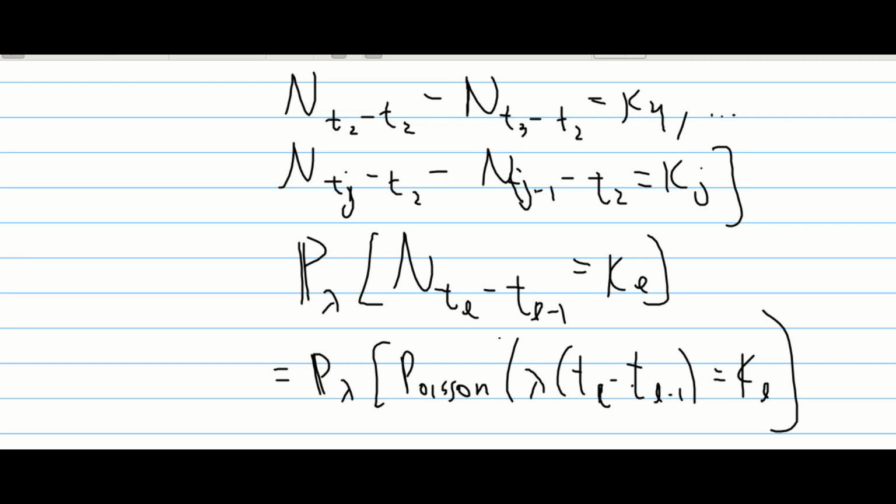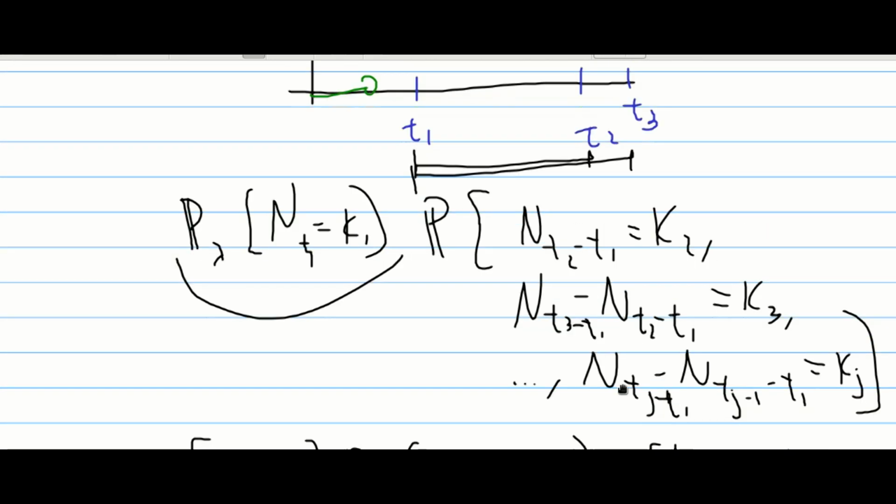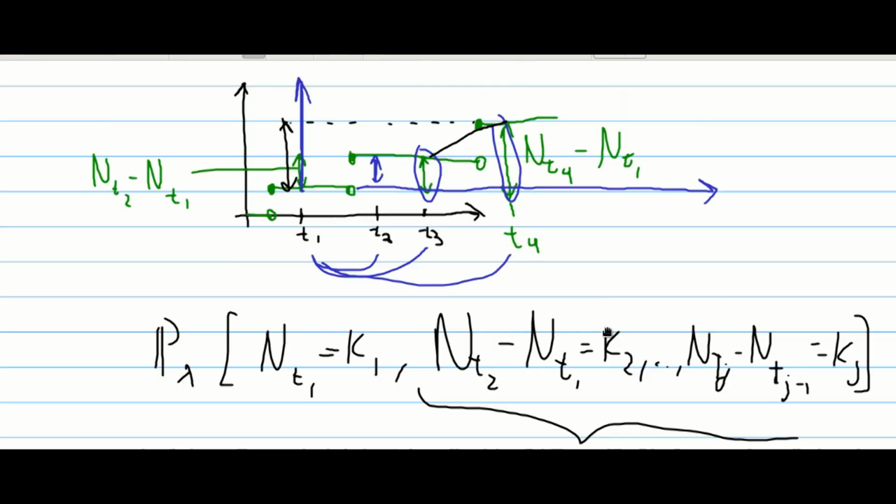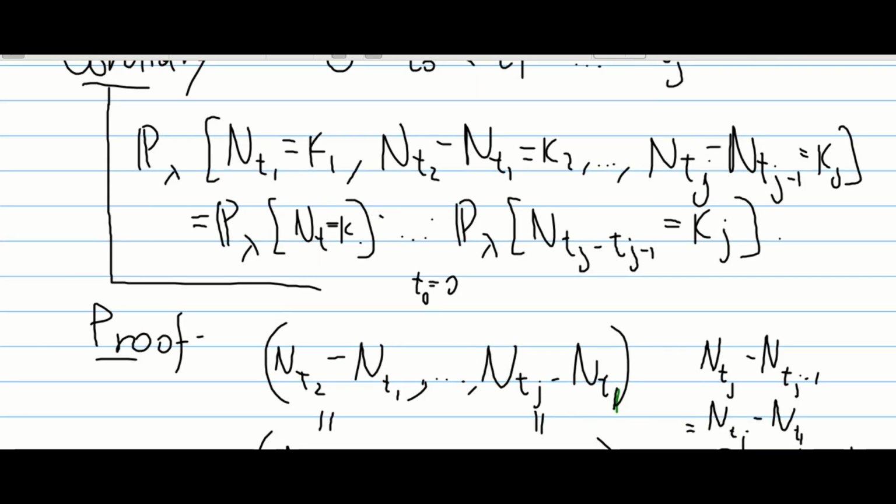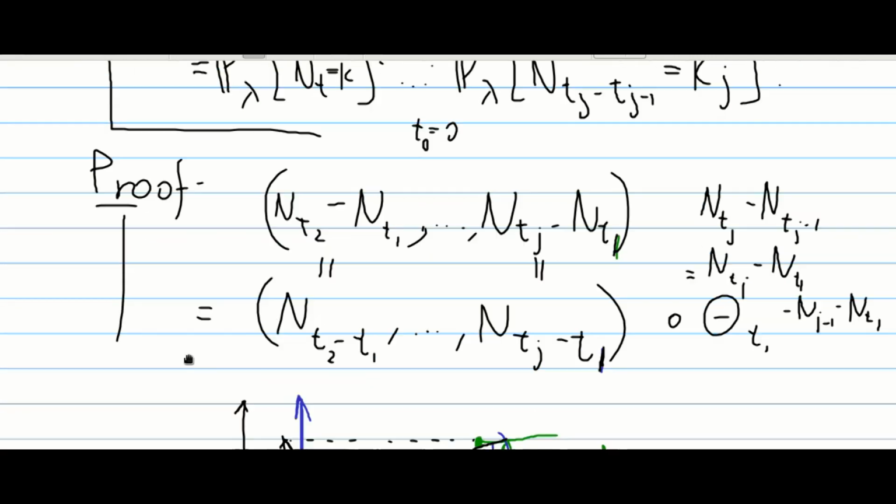That's all we've got. So in the end, the increments are independent and Poisson distributed. Just like in the case of the Brownian motion, the increments are independent and normally distributed.